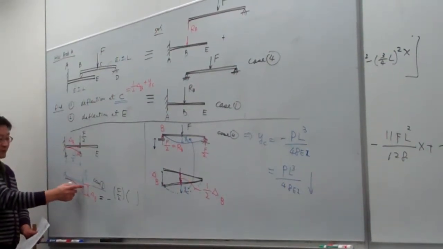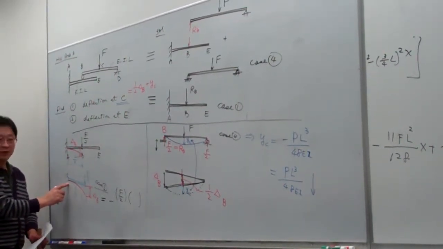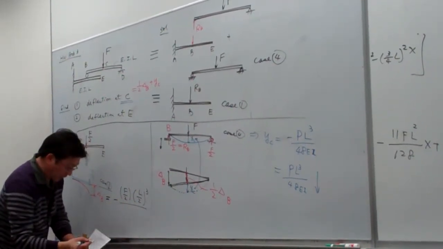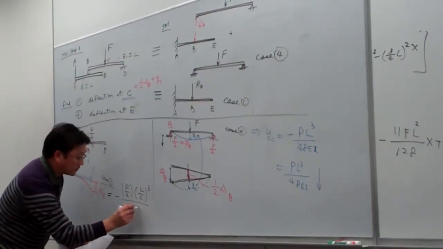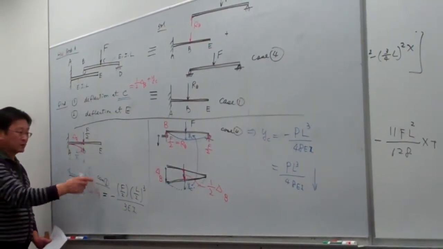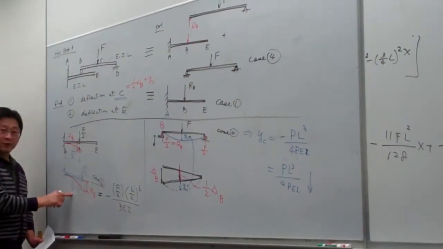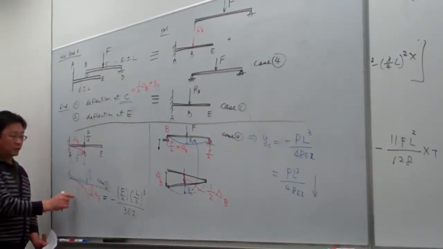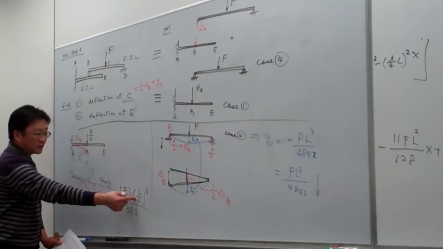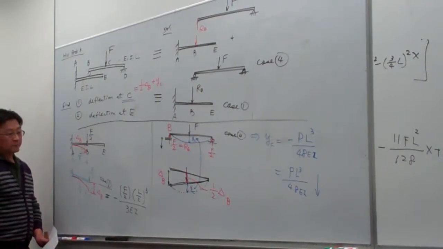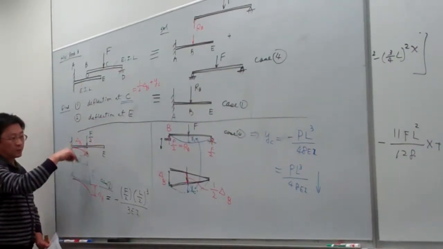And here we take out the length, put it into the template and divide by 3EI. Here we plug into the template whatever information we are given. For this case, the length equals L over 2, so we put L over 2 into the template. Again, the minus means downward.